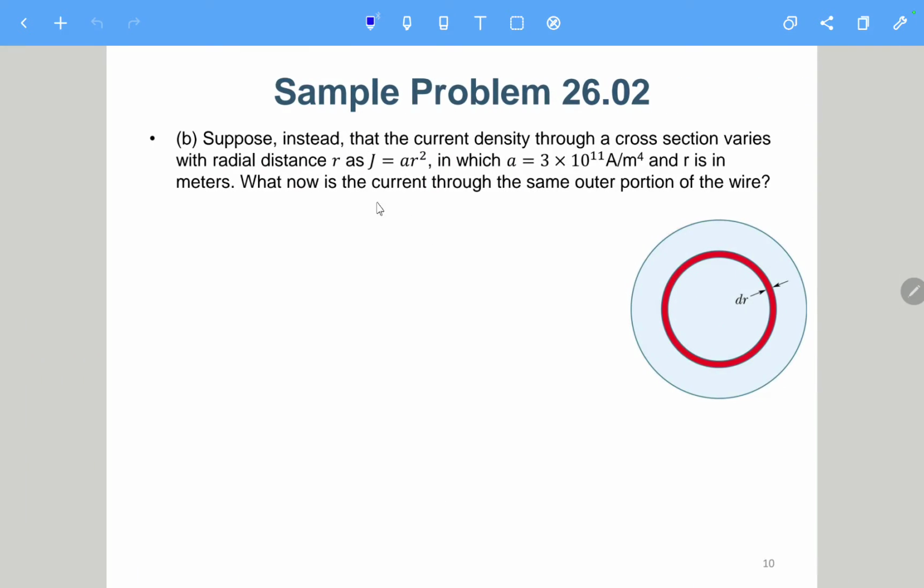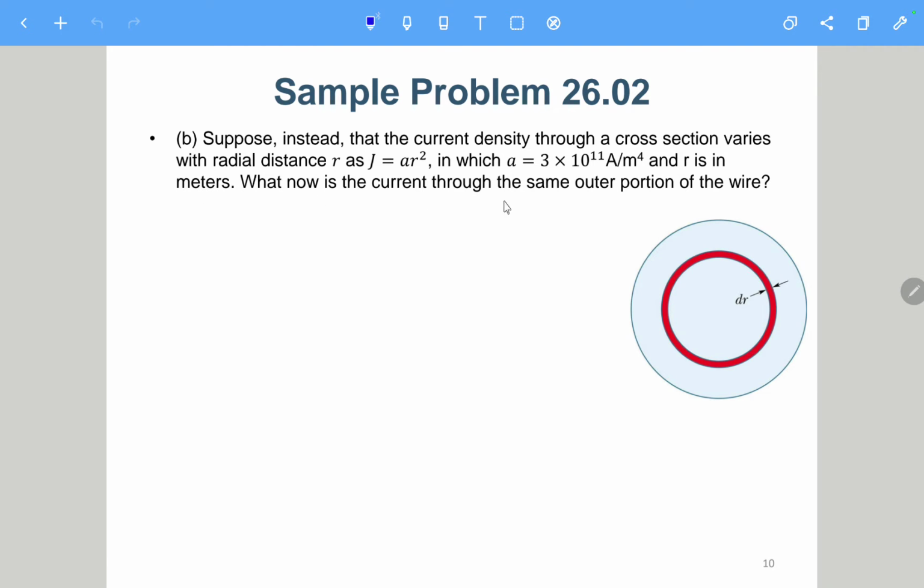Okay, so next, for part B, suppose instead the current density through the cross section varies with radial distance R as J equals AR squared. So it is not uniform. Now it's related to the radius, or the distance of the ring to the center, in which A is this value and R is in meters.